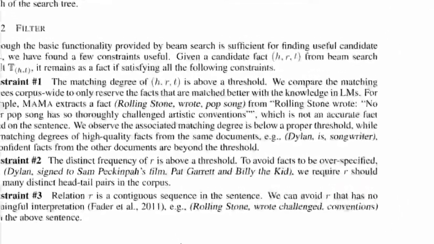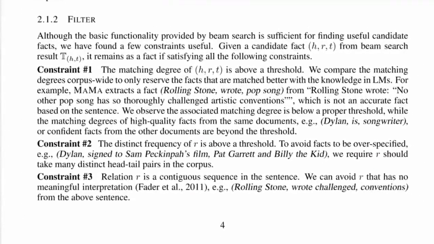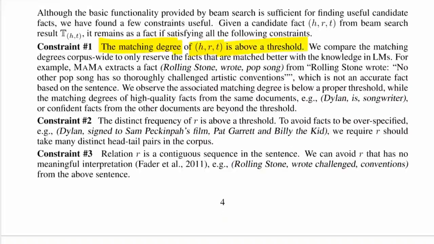They do constrain it some more, as if it doesn't already have enough constraints, but they all make sense, okay? So they say the matching degree, which is simply the sum of all these attention matrix entries that we've encountered during our search, so all the ones we didn't skip are counted together, for this triple must be above some threshold. That's the first constraint.